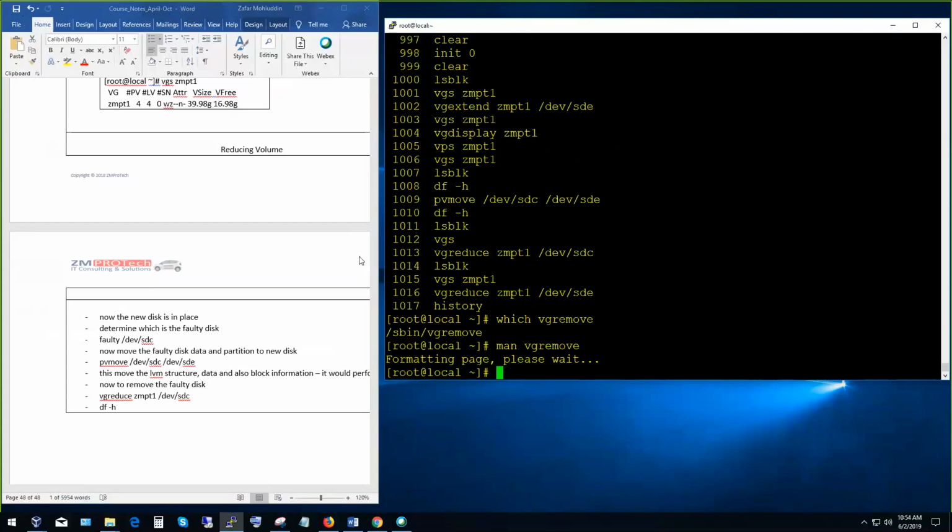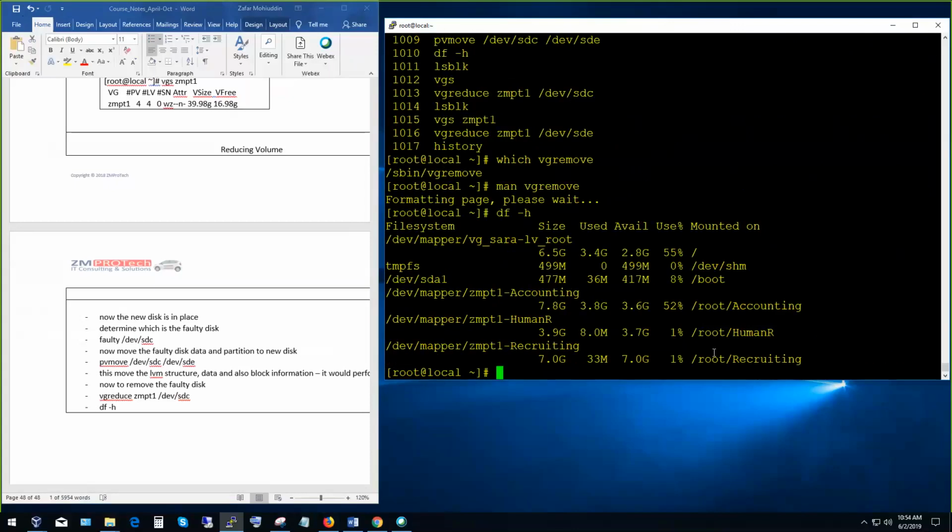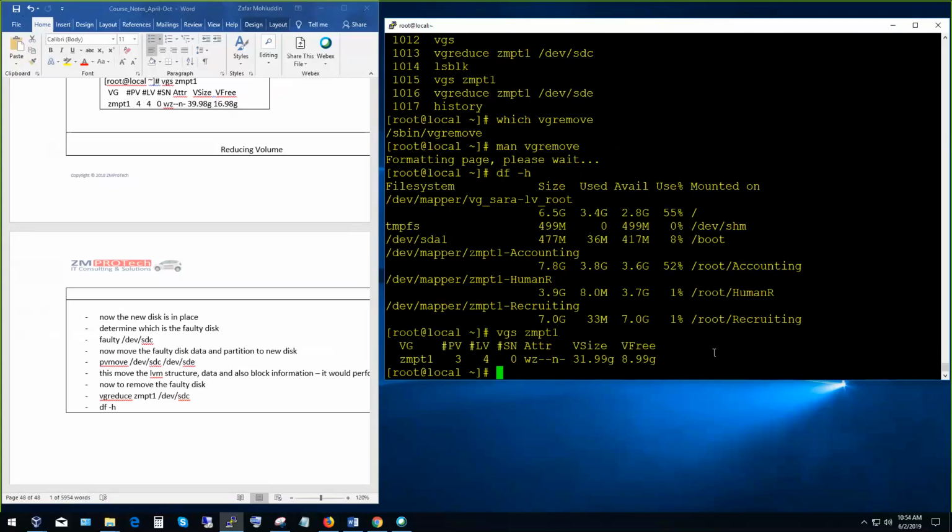Okay, so now we're going to destroy what we have done so far. ZMPT1. I'm going to show you how to remove all this from here, and then see if it's going to crash the system.